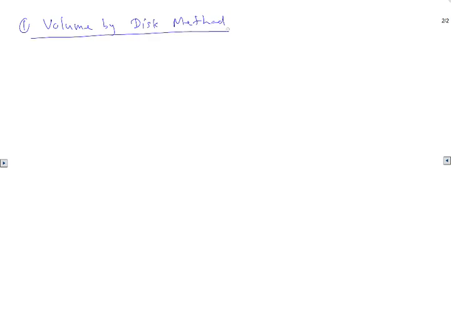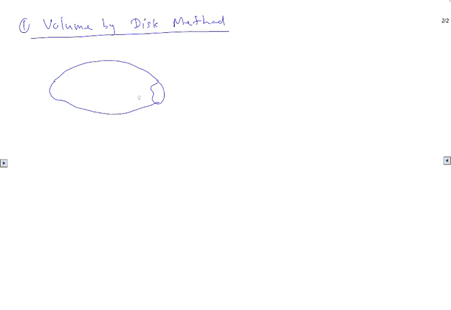Volume by disk method. Let's say you have an object. So this is my object, a 3D object. Once you get the object, you can see that it does not have a nice symmetric shape. It's just any object.